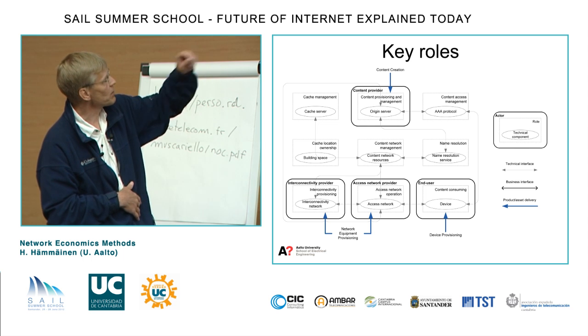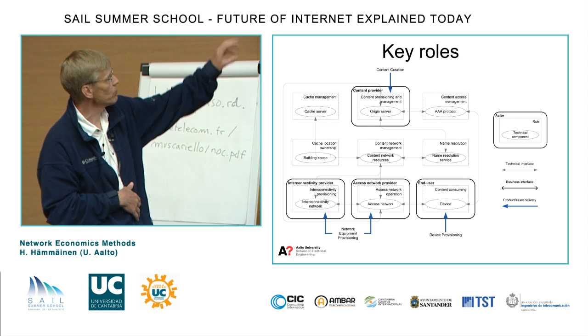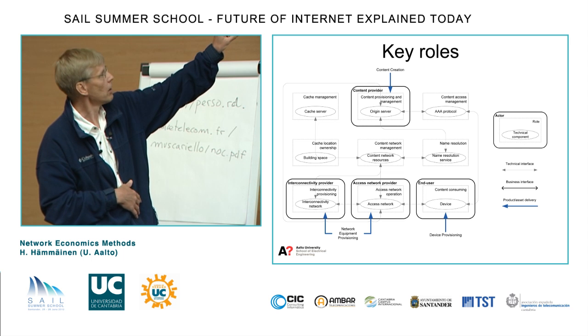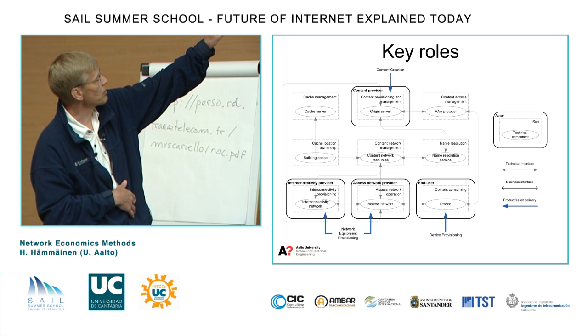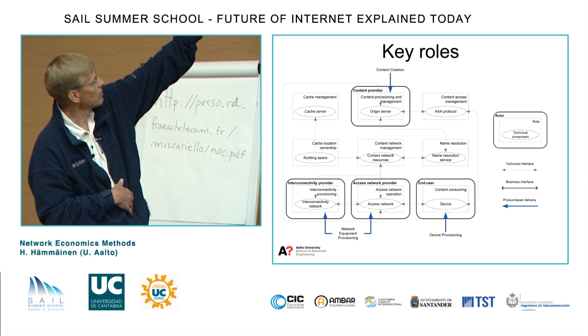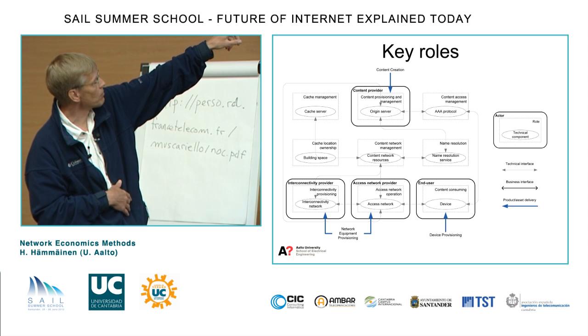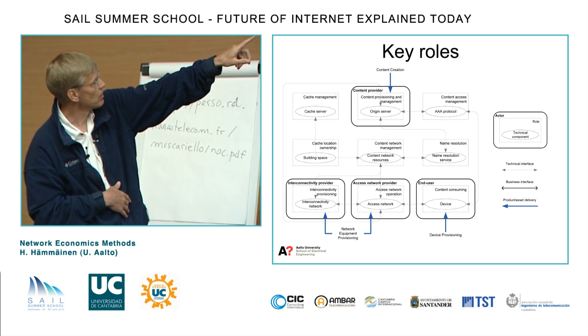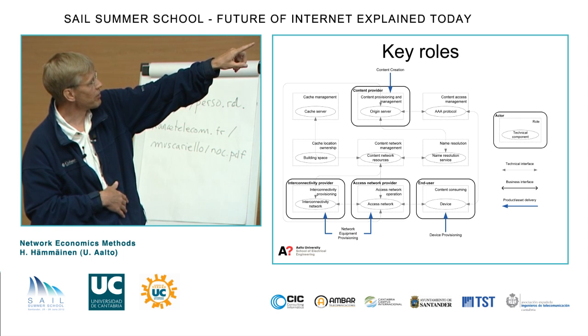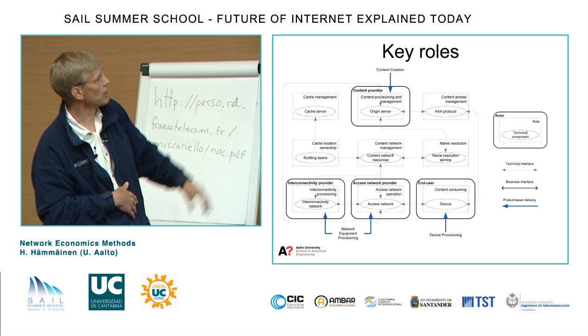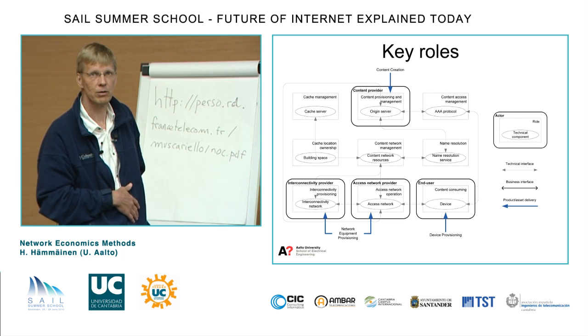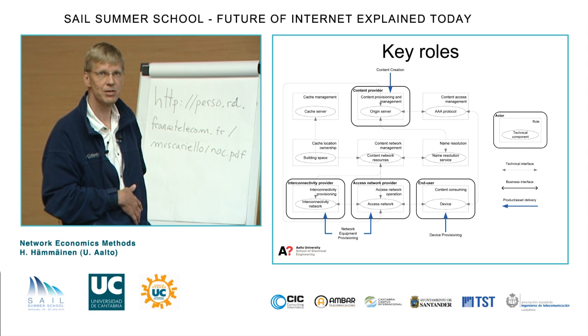But then in information-centric networking, we have new technical structures. And we have the roles here. So we have the cache management left up, and then we have cache location ownership and building space, content network management in the middle, and name resolution. They don't have any actor yet here. So you don't see any actors.